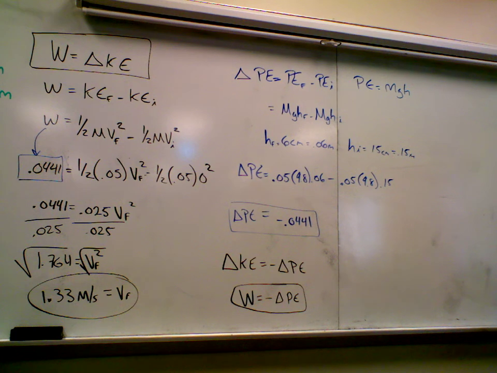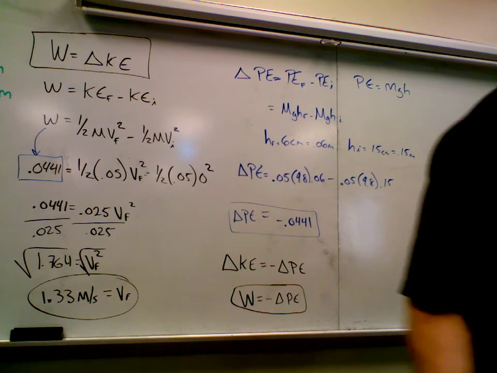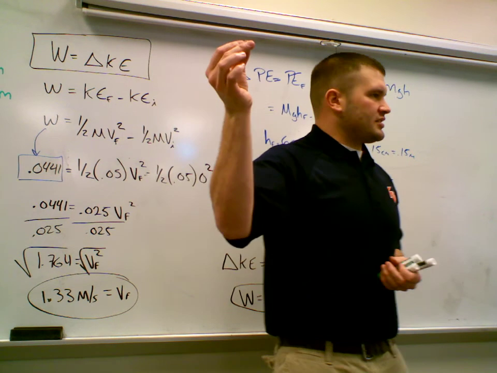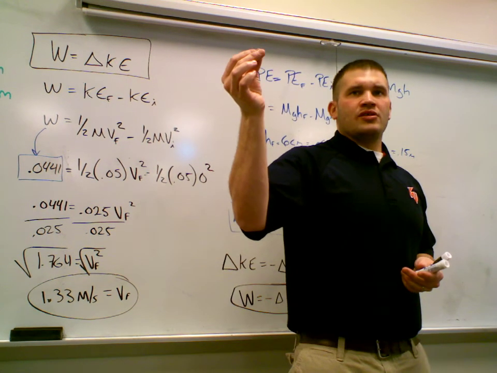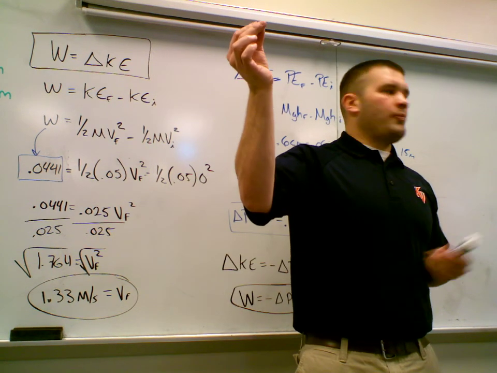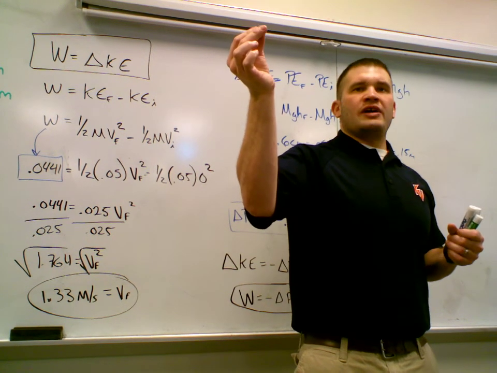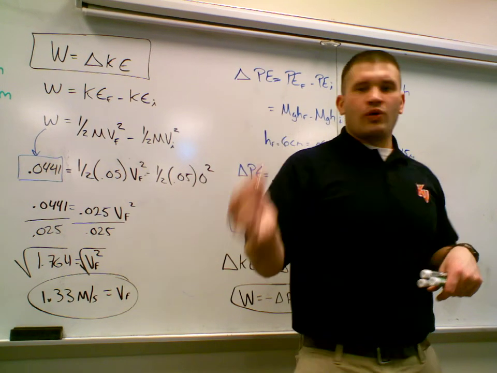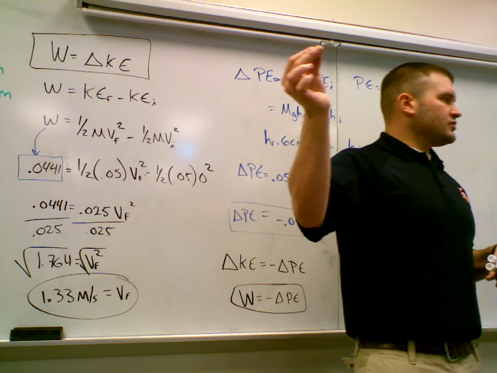Now you can also think about it this way. If I take the marble and raise it to a certain height, what am I working against? Gravity, right? Which way is my displacement vector as I lift the marble? Upwards. Which way is the gravity vector? Downward. So what kind of work does gravity do in this case?